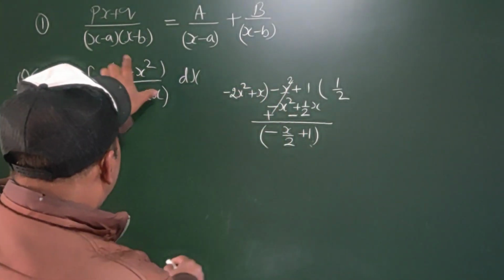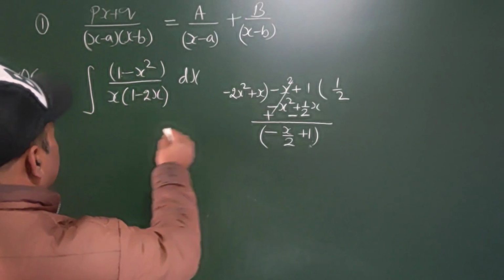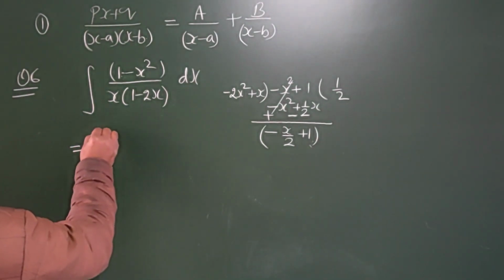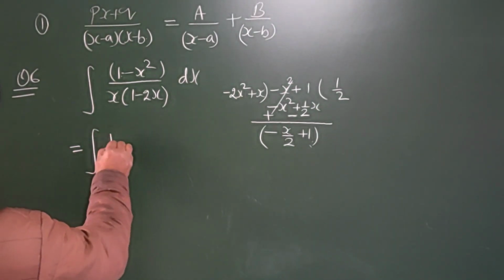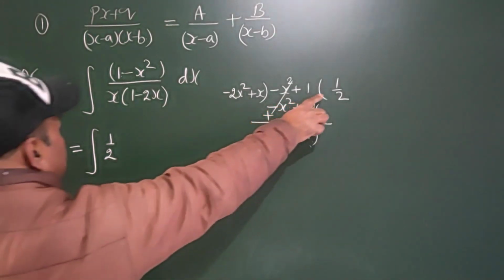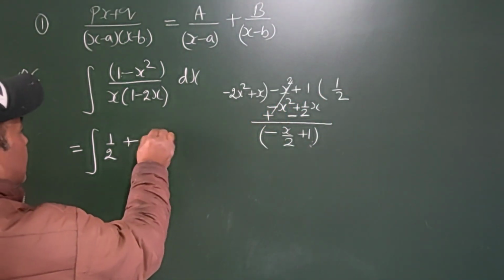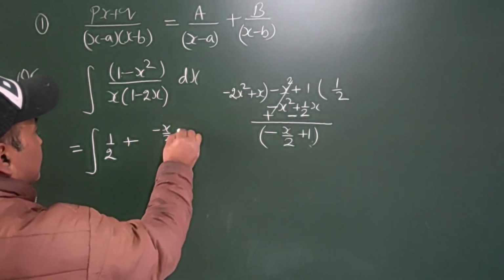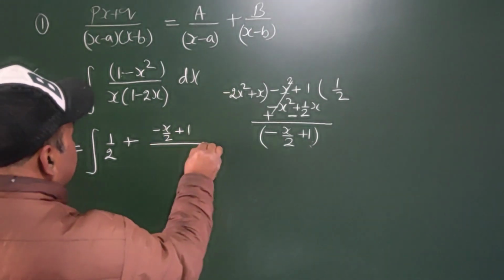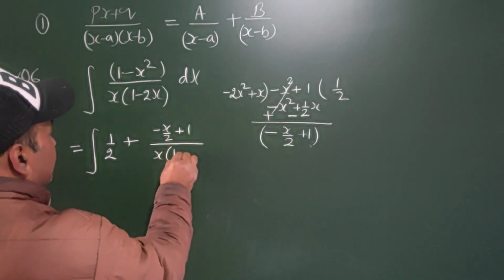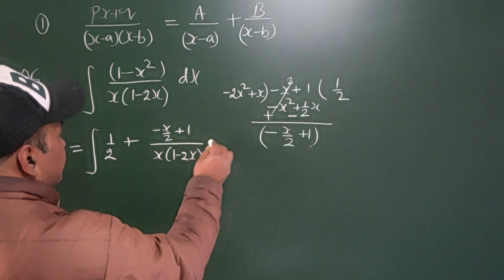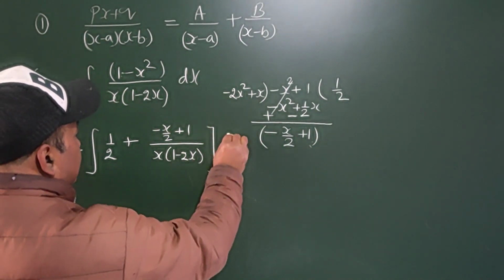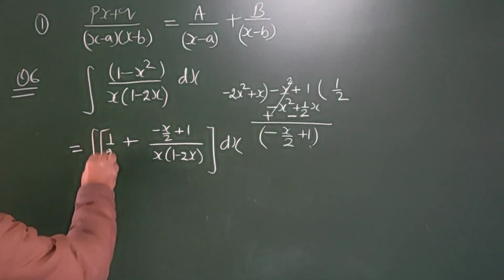Hence, we can write this as the integration of the quotient plus (minus x by 2 plus 1) divided by x into (1 minus 2x) into dx. This is the procedure.